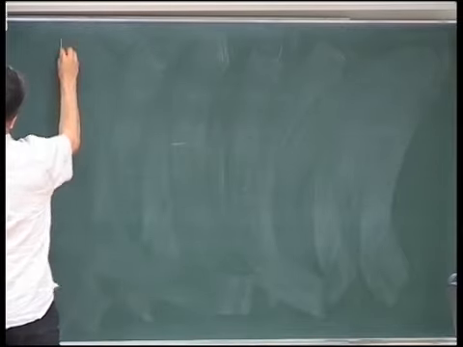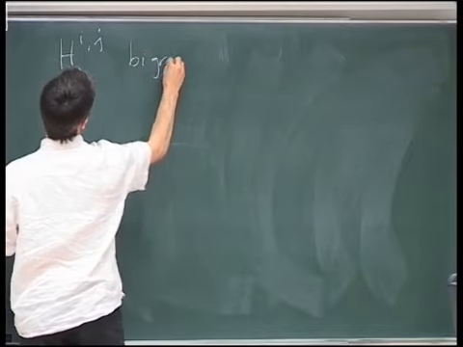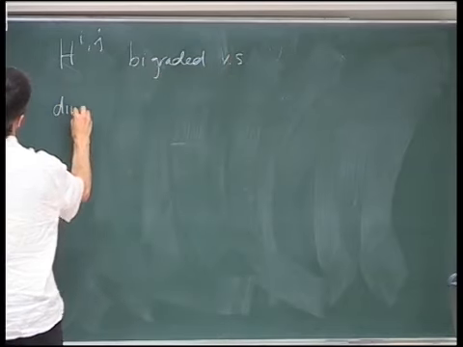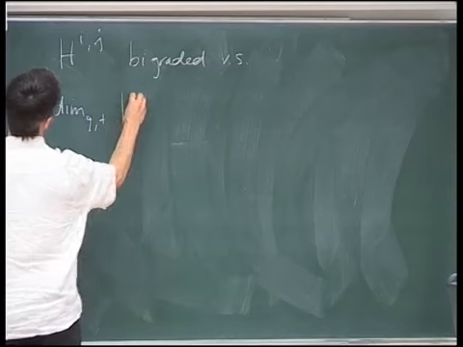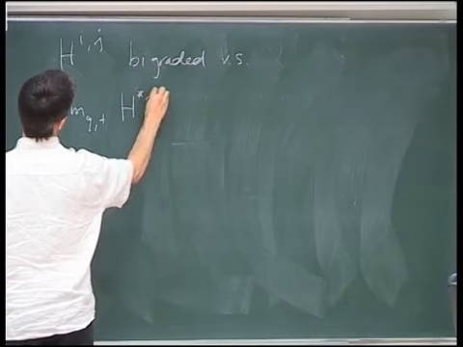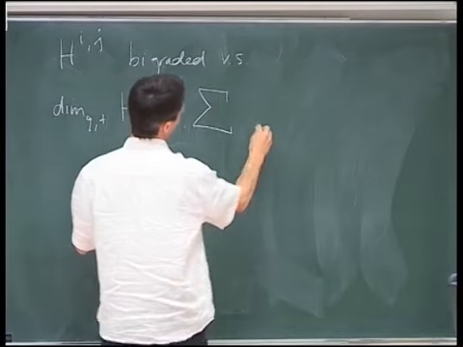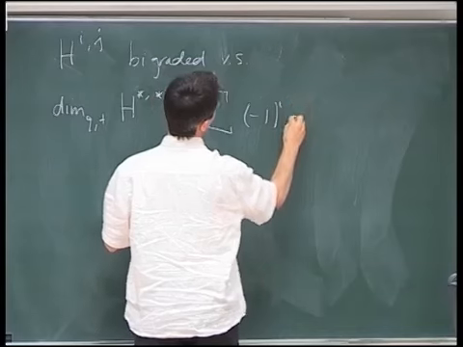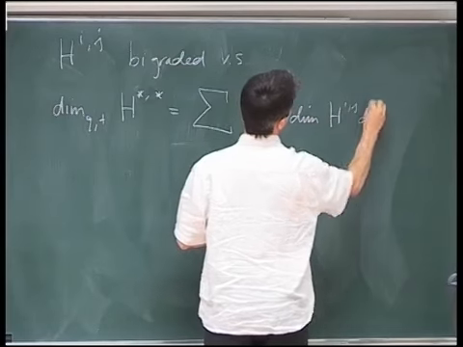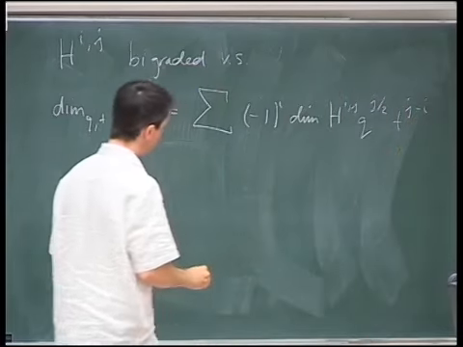So if we have a bigraded vector space, I want to define dim_{q,t} of this bigraded vector space to be the sum over i, j of (-1)^i dim H^{ij} q^{j/2} t^{j-i}.